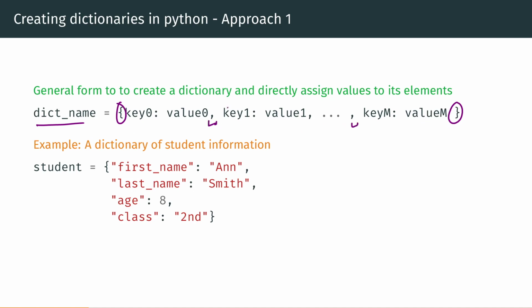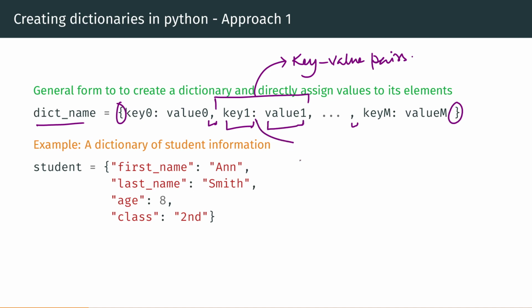Okay. And each of these, I'll call them key value pairs. Key value pairs, okay? Because it's a pair of a key and a value separated by this colon right here, okay?